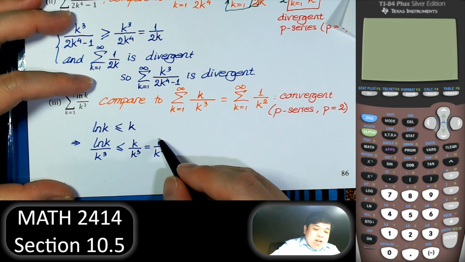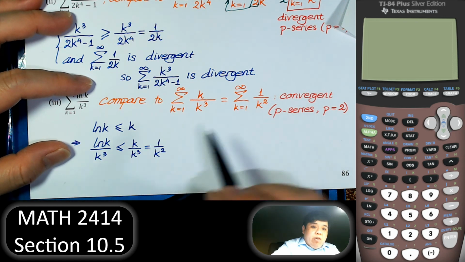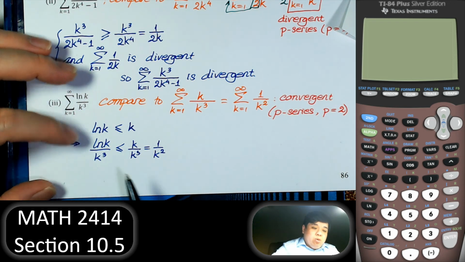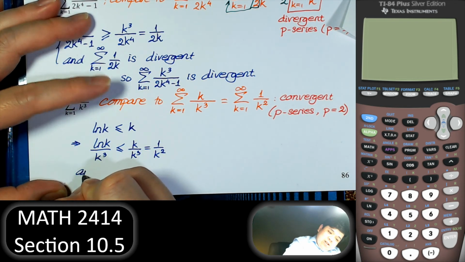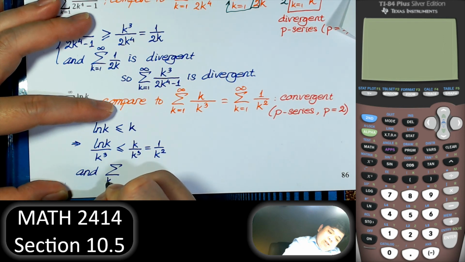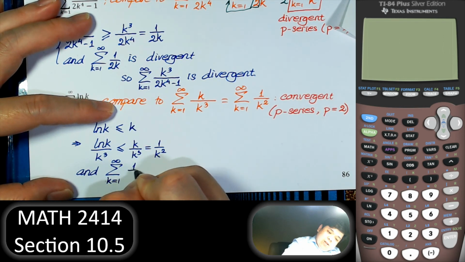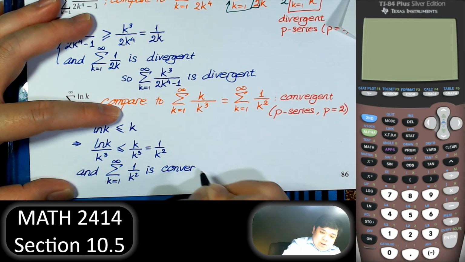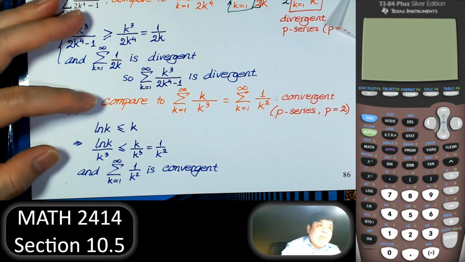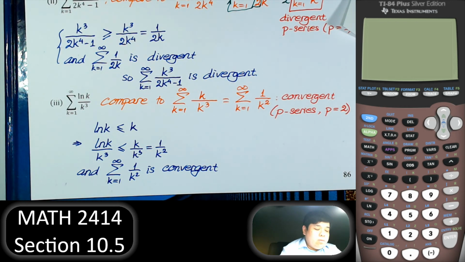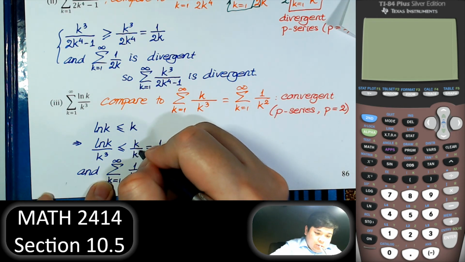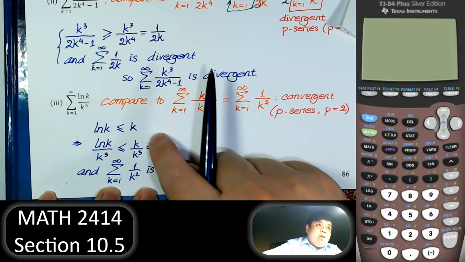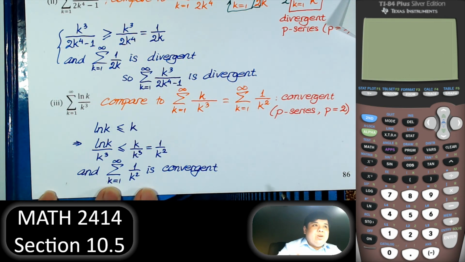And now the series of all these terms is convergent. So anything less than that is also convergent. So this is less than convergent, so it is also convergent.